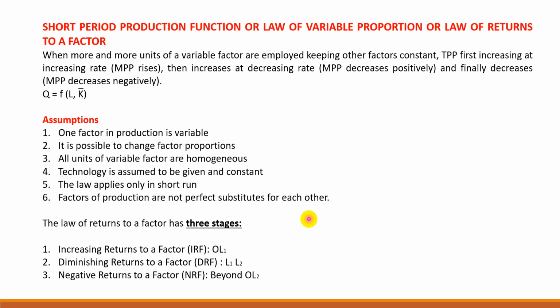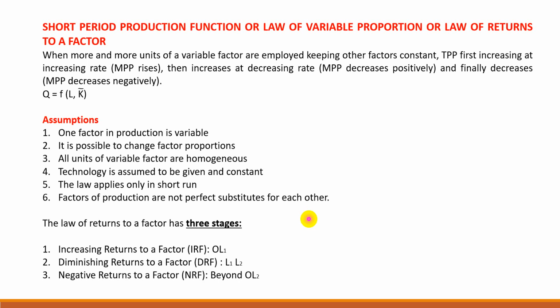Now, if the land remains the same but the units of labor increase to 2 units, the land labor ratio would become 5 to 1.